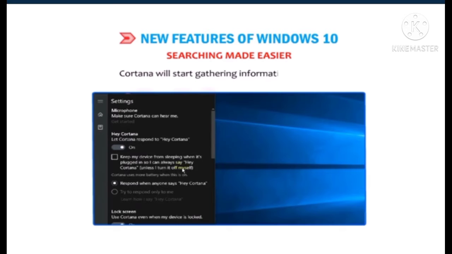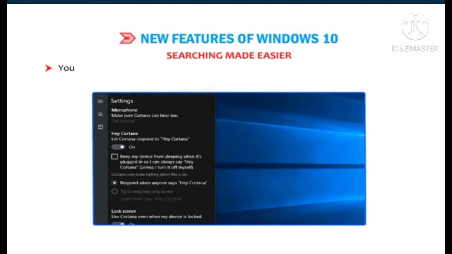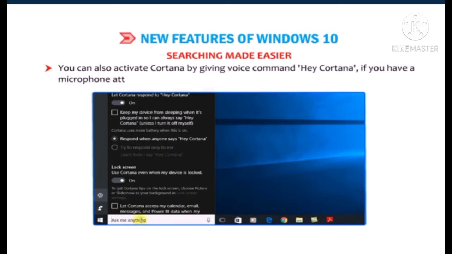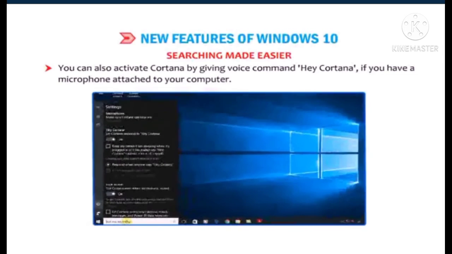Cortana will start gathering information about you. Once activated, it becomes visible on the taskbar as can be seen in the figure. You can also activate Cortana by giving the voice command, "Hey Cortana," if you have a microphone attached to your computer.